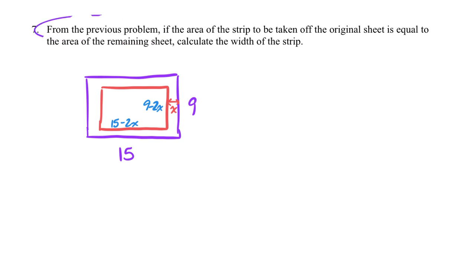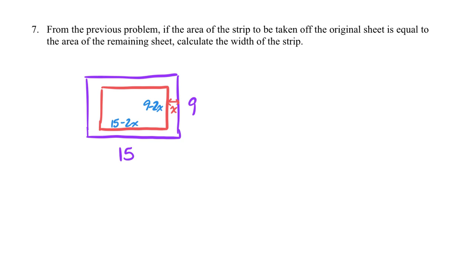Now, the new context: if the area of the strip to be taken off of the original sheet is equal to the area of the remaining sheet, then calculate the width of the strip. Okay, what I am going to do is translate that sentence as exactly as I can, and I want you to try to do the same.